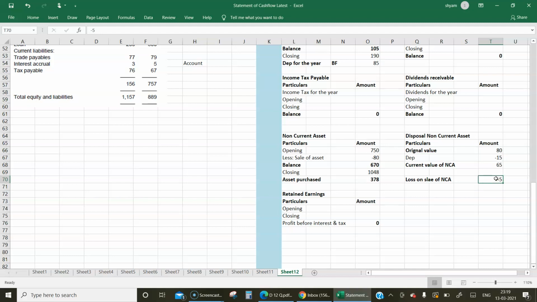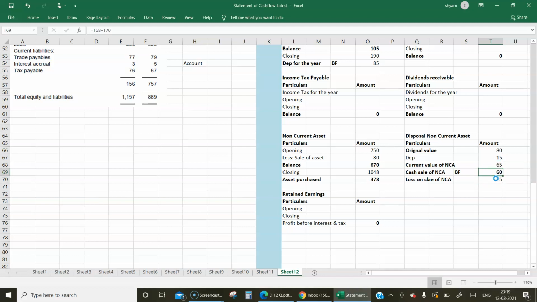So what would be the balancing figure? The balancing figure is the cash sale of NCA, the price at which they have sold. So 65 is the value, 5 is the loss they have got.